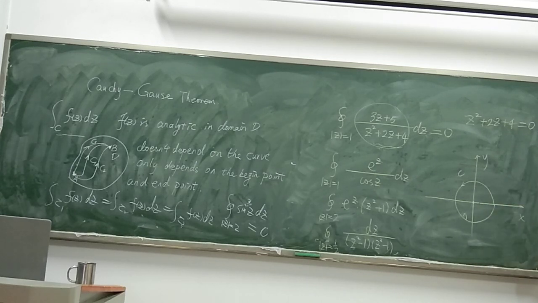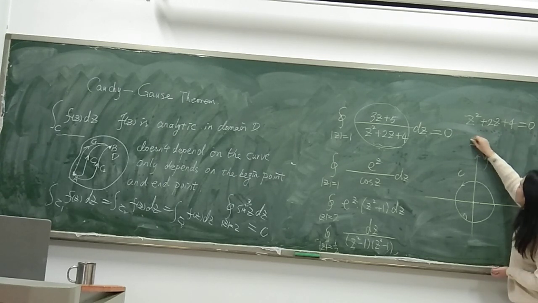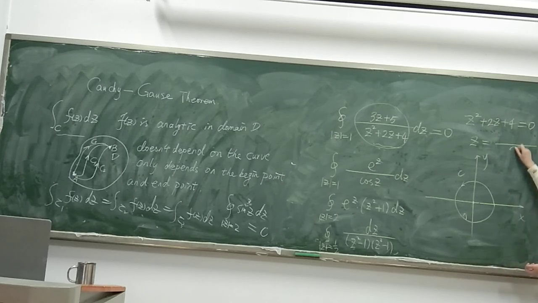Except this point. Yes or no? But if z squared plus 2z plus 4 is 0, z equals what? z equals minus 1 plus or minus i root 3. Yes or no?